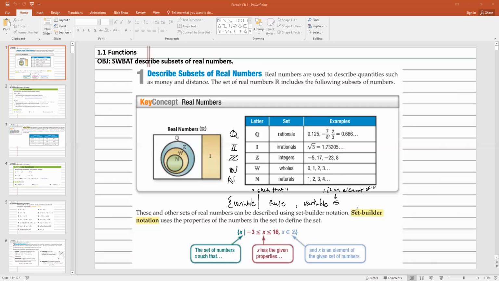So here you could put the set of numbers. This is where you would put rationals, irrationals, integers, whatever, any set of numbers. And that's that. So let's put this in the notes.